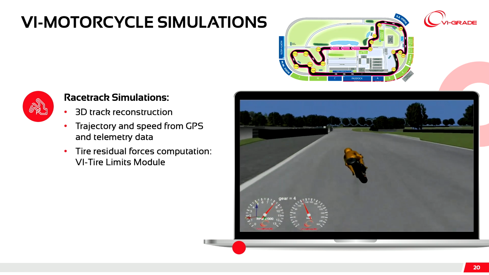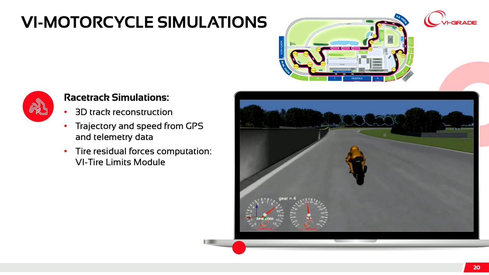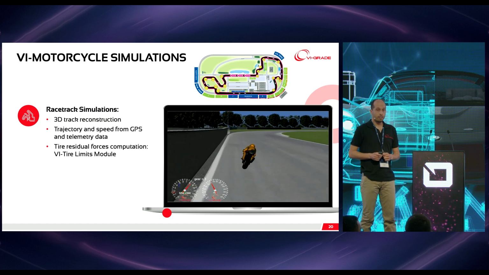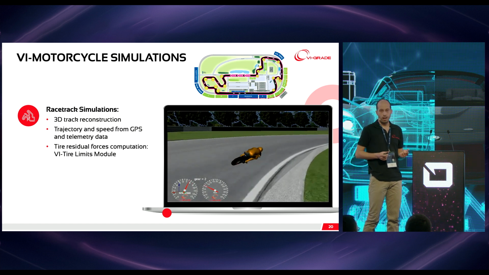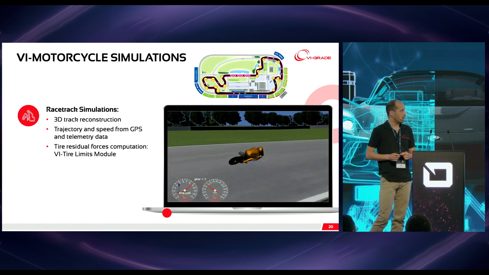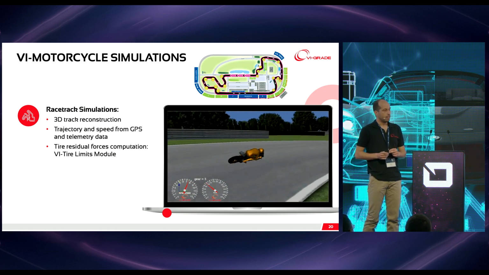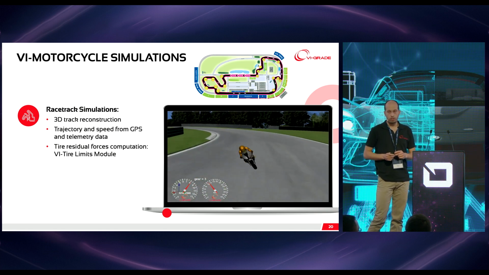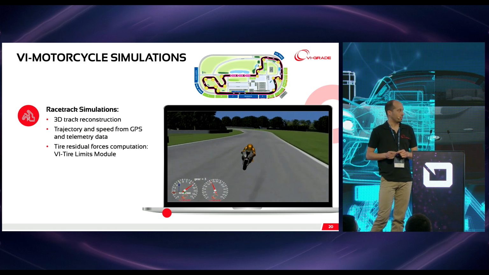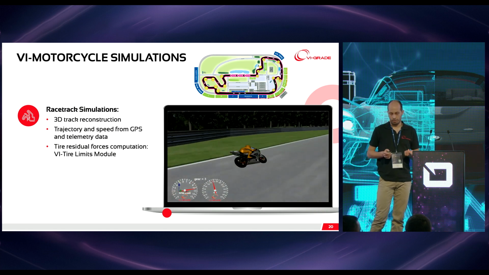And this is the most generic event in the motorcycle, in which you can run on a racetrack, reproducing a lap time simulation, for example, trying to replicate a GPS acquisition and run exactly the same test that you have acquired on a track.